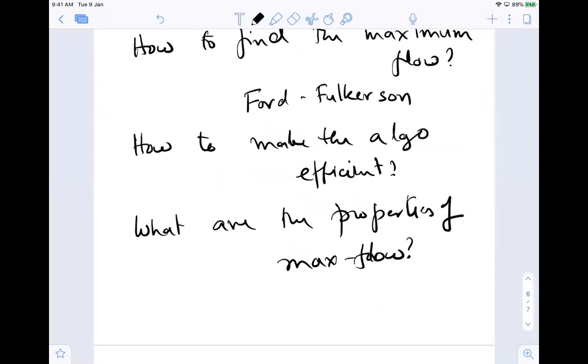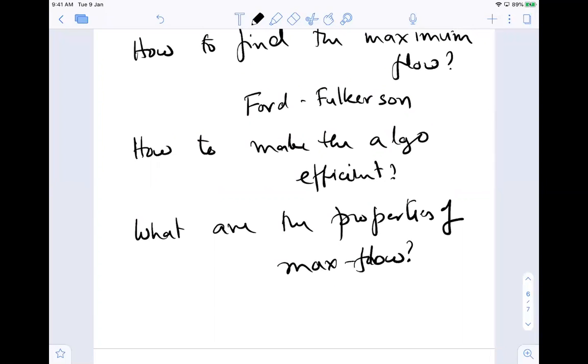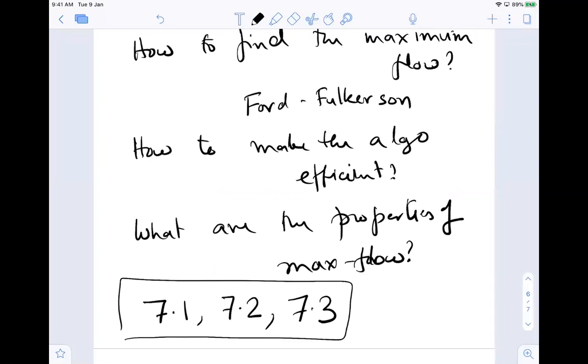Now I ask you guys, during the last three weeks of this course, to please read some stuff: chapter 7, sections 7.1, 7.2, and 7.3. If you can read these three, it will be outstanding. I mean, not outstanding, you have to read it.